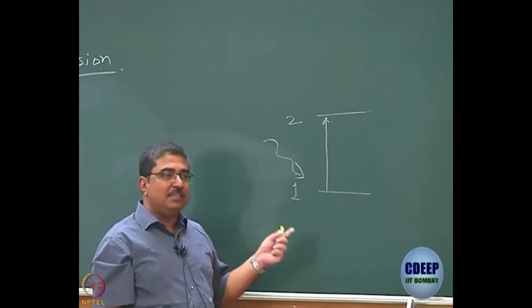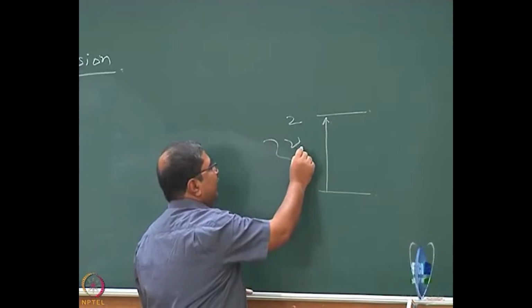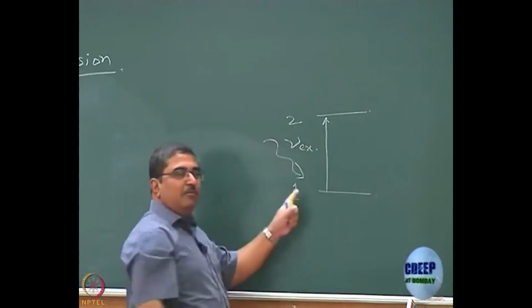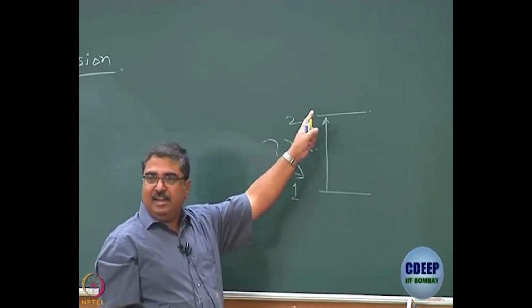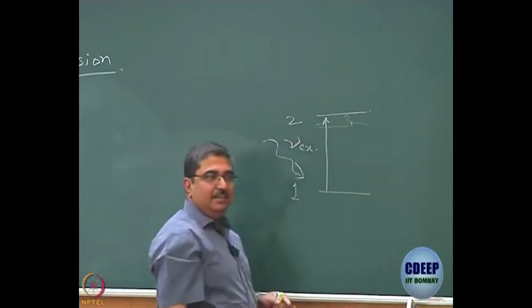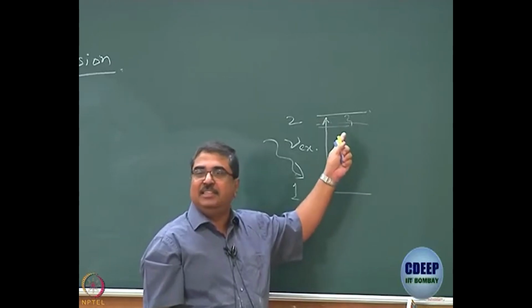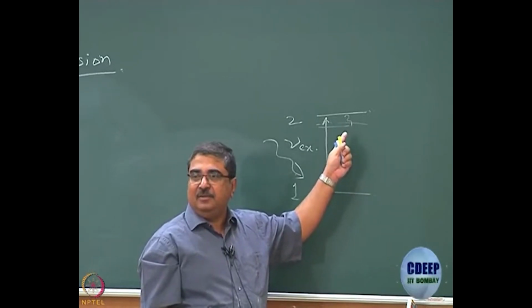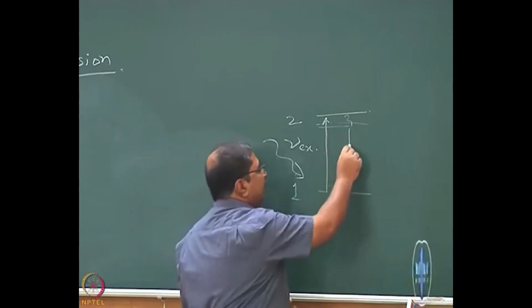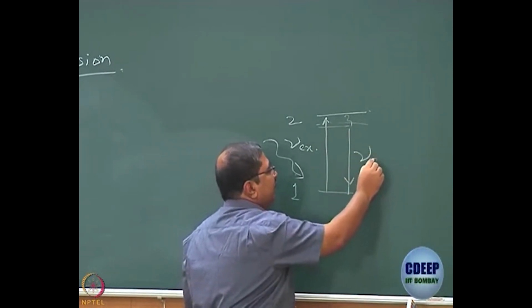In emission, what happens? You need a particular frequency, I will call it nu Ex, to perform this excitation, and then usually something happens in the excited state. More often than not, the emissive state is not the same as the excited state. So, let us say emission takes place from here, and let us say this frequency is nu Em.